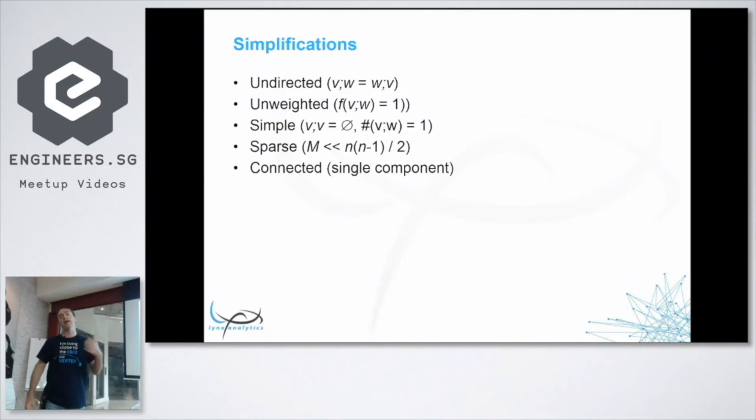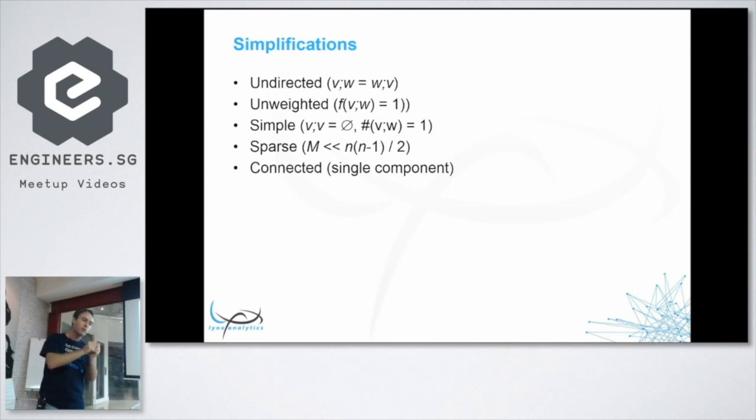I also already used a lot of simplifications, because there are many different types of graphs we can observe. And these are the 5 things which I think are important to tell. So first, what does it mean, directed or undirected graph? If in the edge set it is important to mention that VW is a different edge than WV, then it's a directed graph.